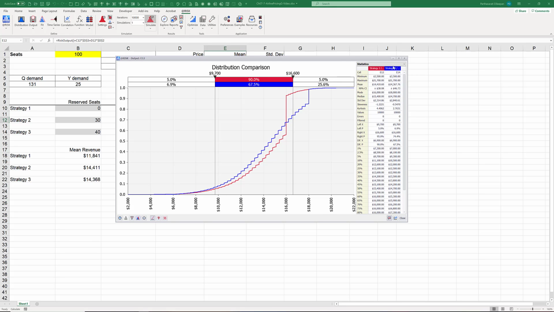So here it looks like strategy 2, which is 30 seats, is clearly beating strategy 3, because at all probability levels, so at 30% probability, you get more revenue with strategy 2 than strategy 3, except that here there is this flip.